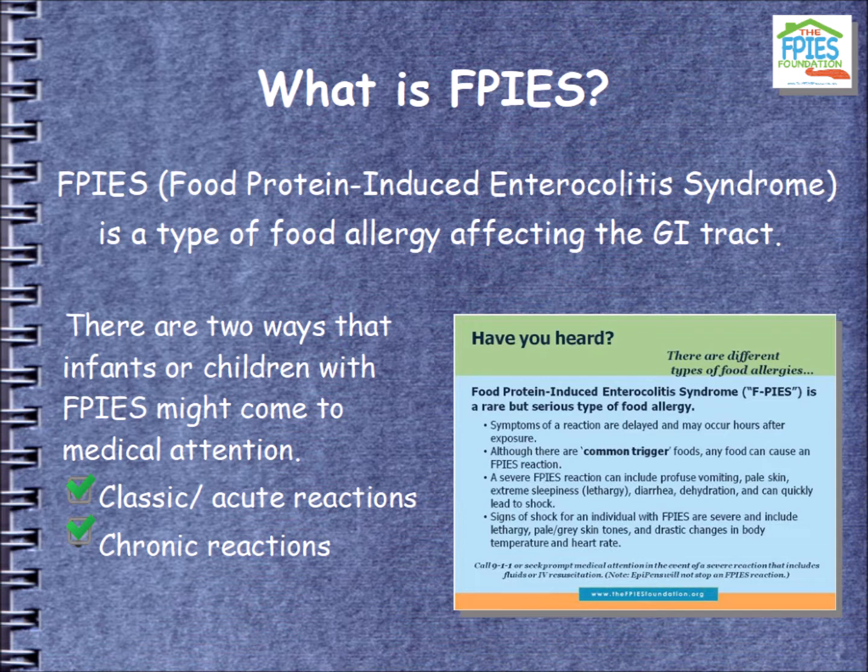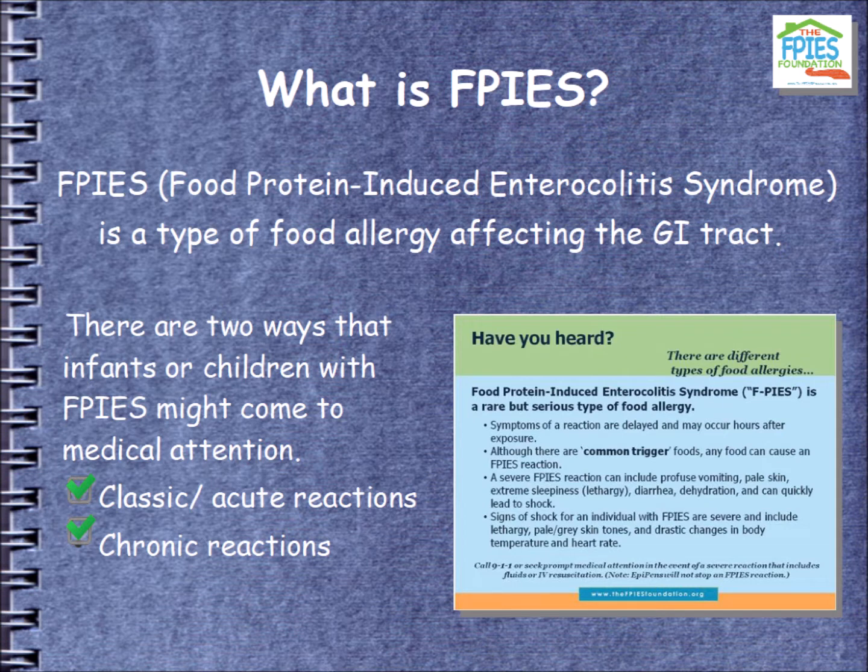But before we do, I just want to draw your attention to the lower corner of this slide. We have an example of one of our awareness resources, our Have You Heard card, which is available in Spanish and in English. And this is really a great tool for spreading awareness in a community setting or in a school setting.